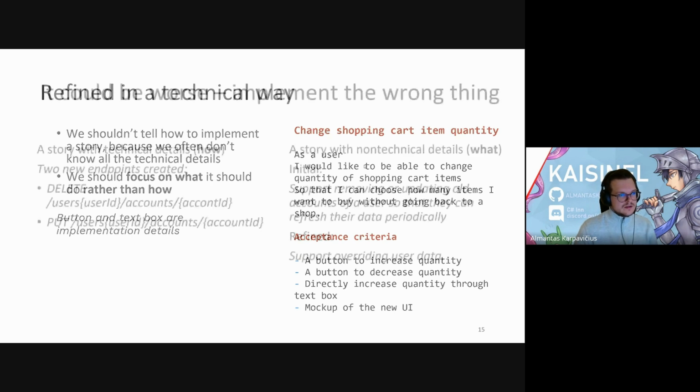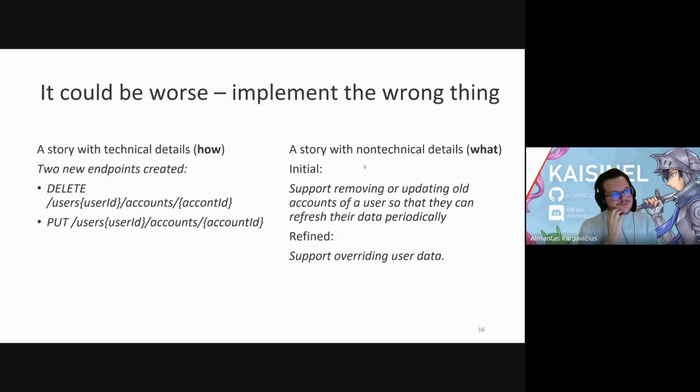And the worst kind of thing that I personally faced was when we had a user story that went like this: we should support removing or updating all the accounts of a user so that they can refresh their data periodically.